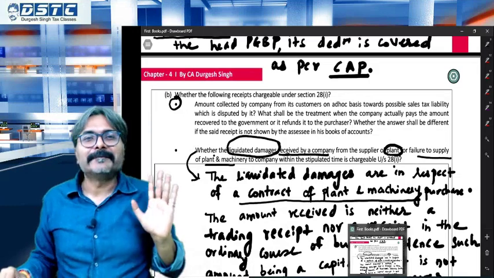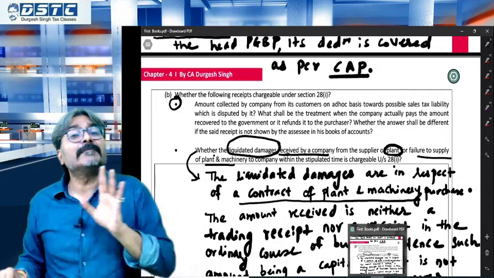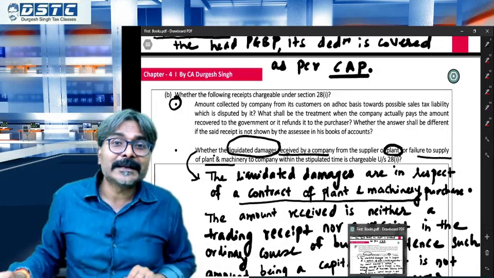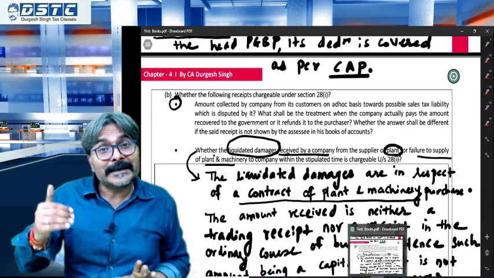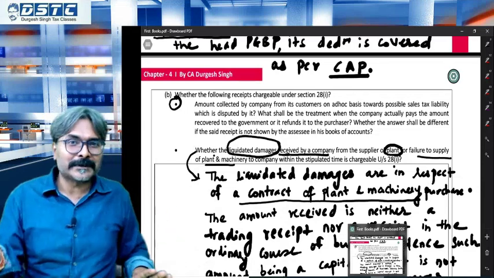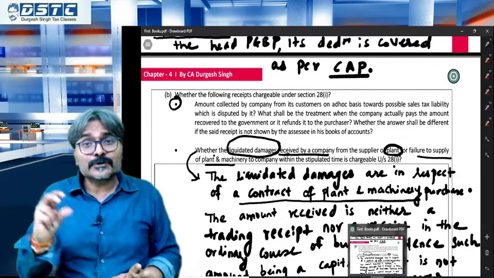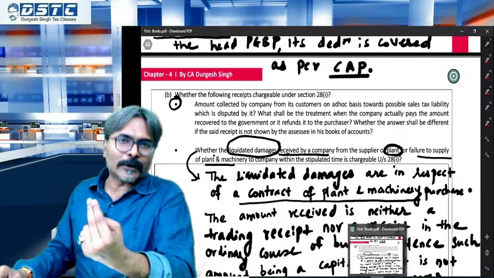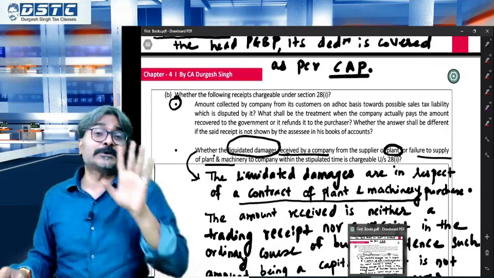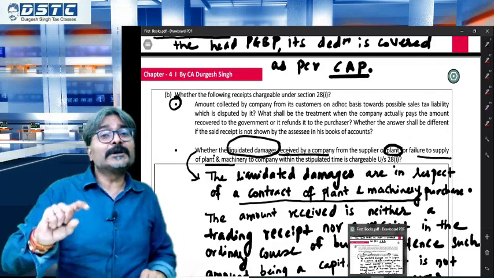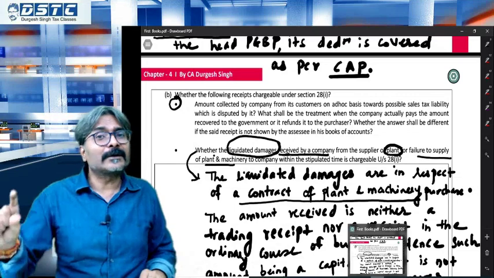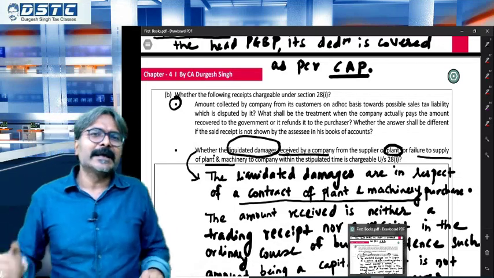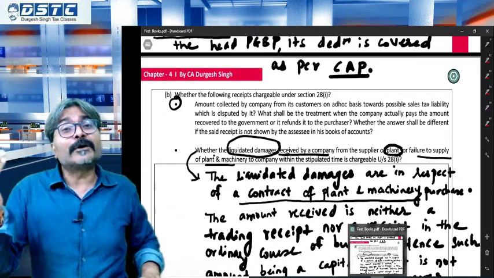This is the reality. And why has this reality come? What is the reason for this reality? The reason for this reality is that we are following the commercial accounting principle, and because there is no specific provision under the Act, the commercial accounting principle that we have followed has given us the option of choosing between CCM, completed contract method, or percentage completion method, and we have followed the completed contract method.